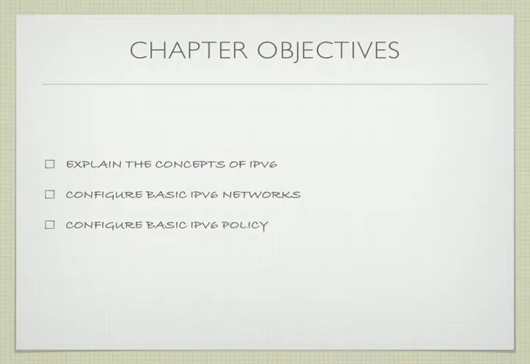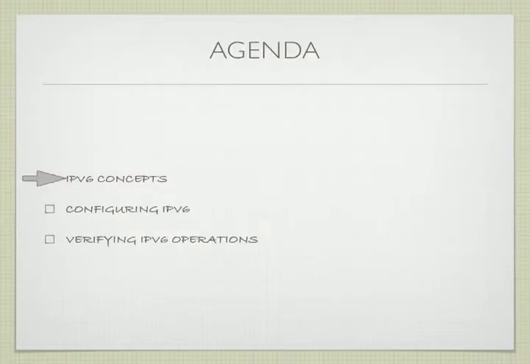We're going to see how you configure policies to use IPv6 in ScreenOS, and we're going to be able to verify that the IPv6 operations that we configure are actually happening on the device. So the first section of the three that this is organized in is IPv6 concepts, followed by the actual configuration, and then the verification.